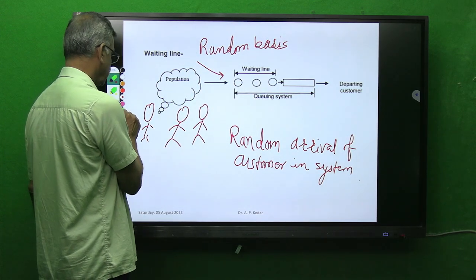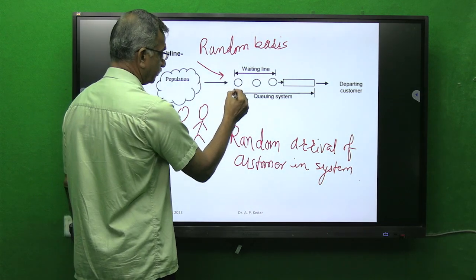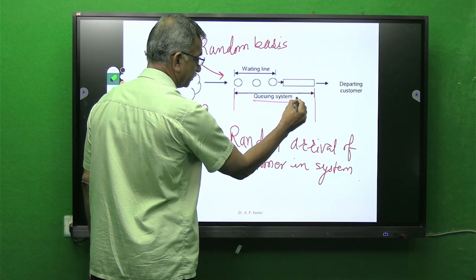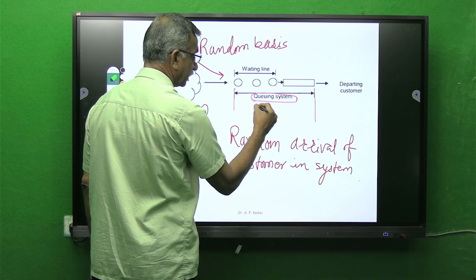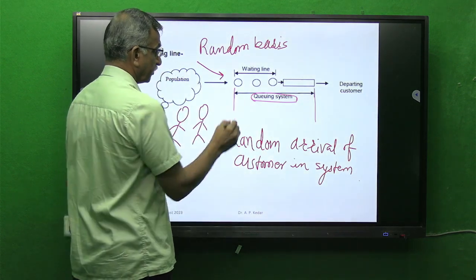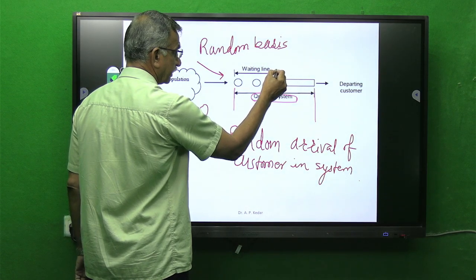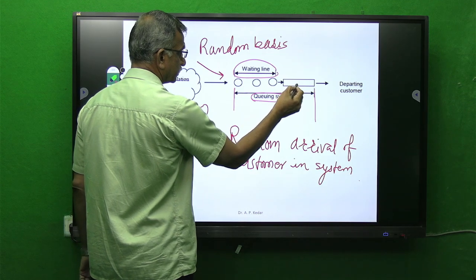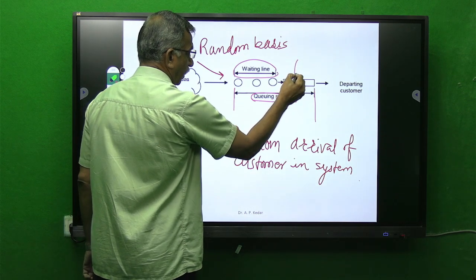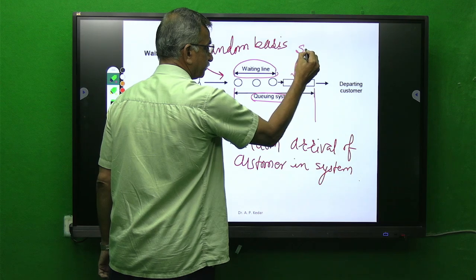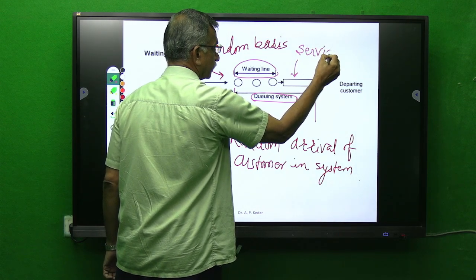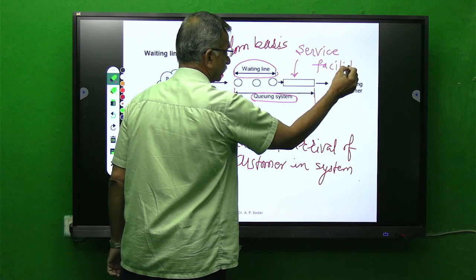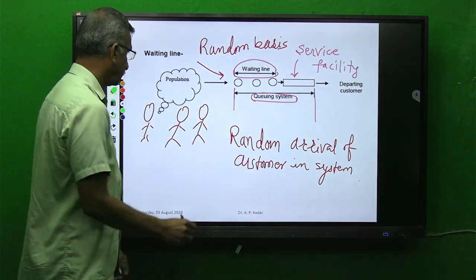See here, now important, from this to this, it is referred to as the queuing system. Entire means it is part of this waiting line where the people are waiting. These are the persons, and this is the service facility.